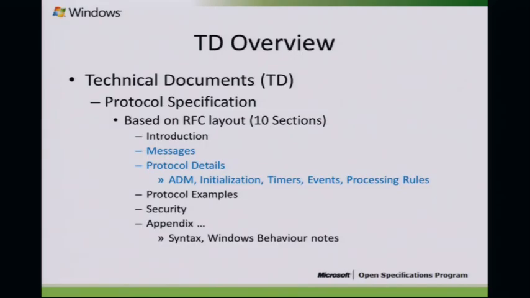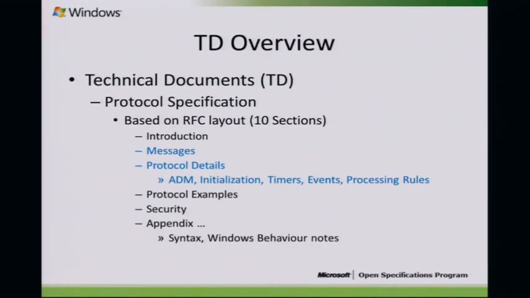Then there's a bunch of other associated stuff. There's usually a bunch of examples. There's a bit of security. Again, that follows the RFC model. They do pretty much the same. And then there's the appendix, which gives you various things. For instance, if you're in an RPC specification, you'll get a bunch of IDL in there. If you're in a SOAP one, you'll get a bunch of WSDL. So it depends exactly what you're looking at.